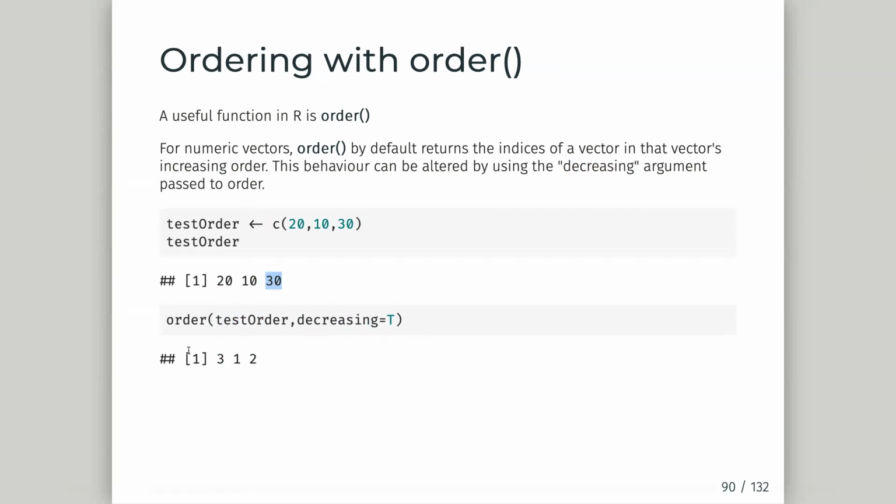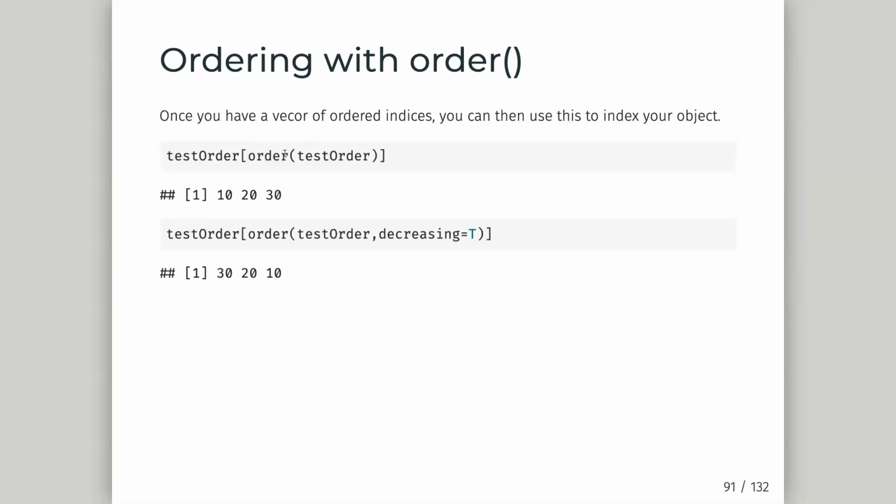With decreasing equals true, then 20 would be the next, and then 10 would be the third. Okay, so it's giving me the indexes I would want it in if I wanted to order it. I want the third first, then the first, and the second. So I can actually just provide that to my vector. And because I'm providing the indexes it should be in, it's going to reorder it for me. Now it's 10, 20, 30.